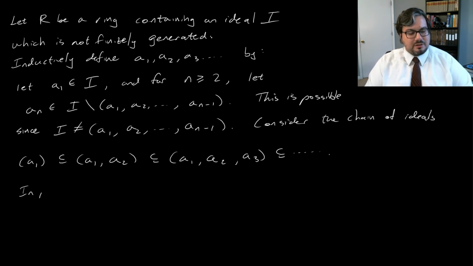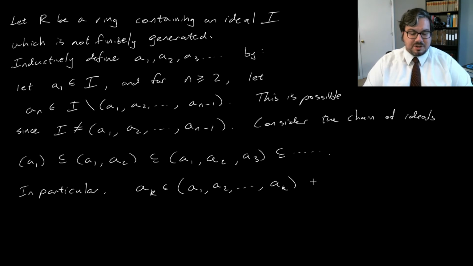In particular, we can note that any element a_k belongs to the ideal generated by the first k elements, because it's one of the generators, but it's not in the ideal generated by the first k minus 1 elements because of the construction. We specifically chose it to not be contained in that.